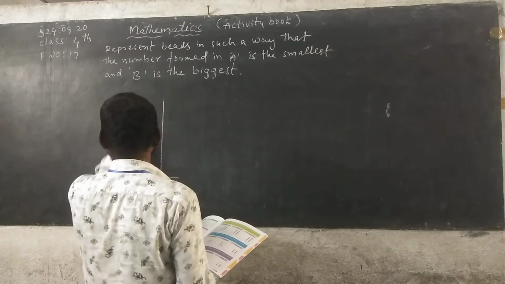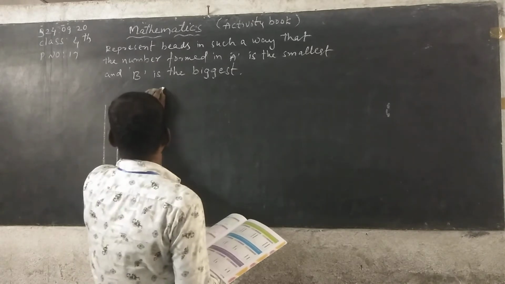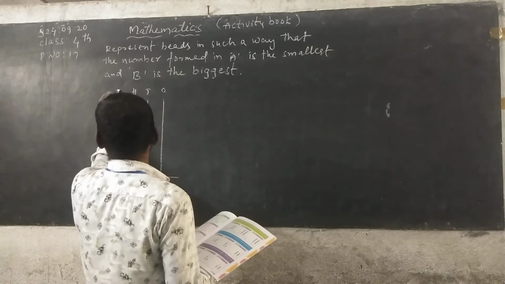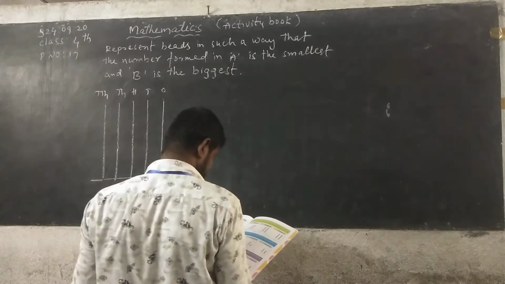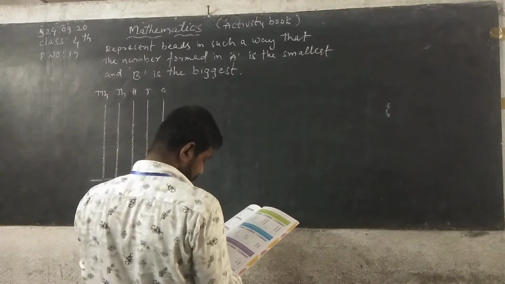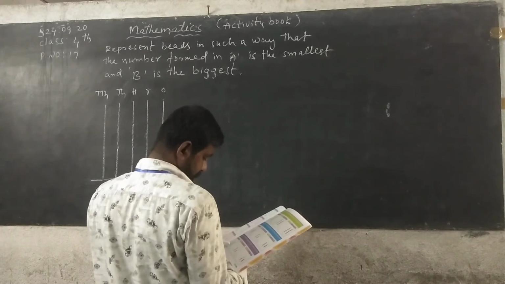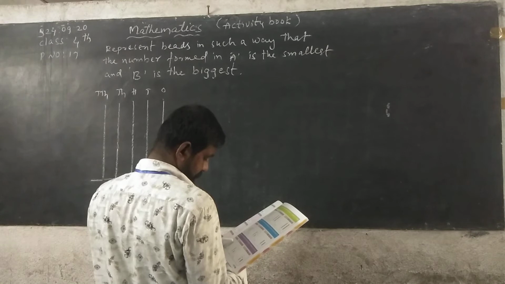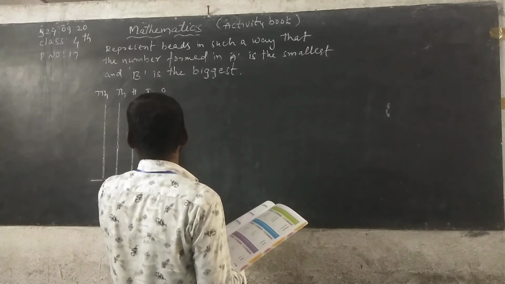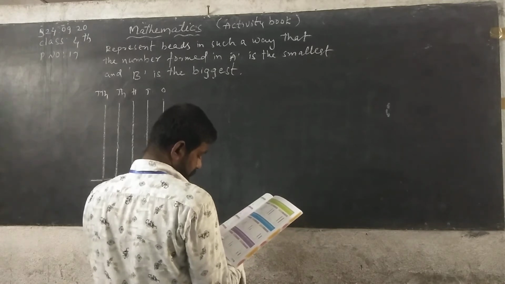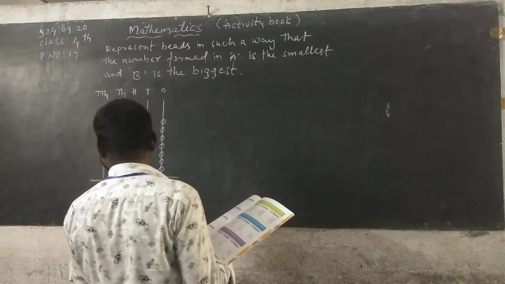Ones, tens, hundreds, thousand, 10,000. One, two, three, four, five, six, 7. 1, 2, 3, 4, 5.